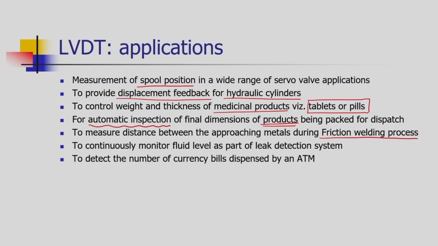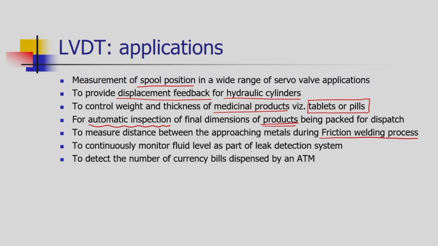In the friction welding process, we need to control the distance between the two metal sheets which are to be welded. So, the precise movement of one plate with respect to the other plate is monitored by using LVDT sensors.